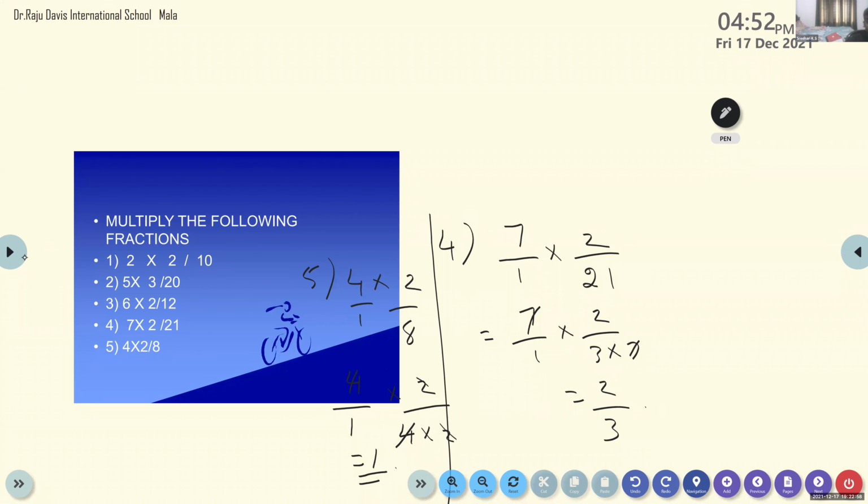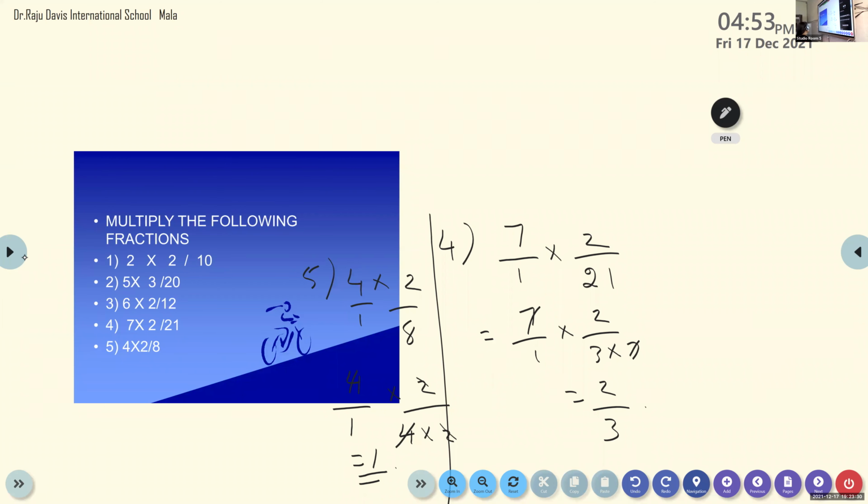We can simplify 20. We should have a number that can be multiplied with another number that can make 20. So here we can do 4 into 5. 5 is there in a 5 by 1. So we can simplify like that only.